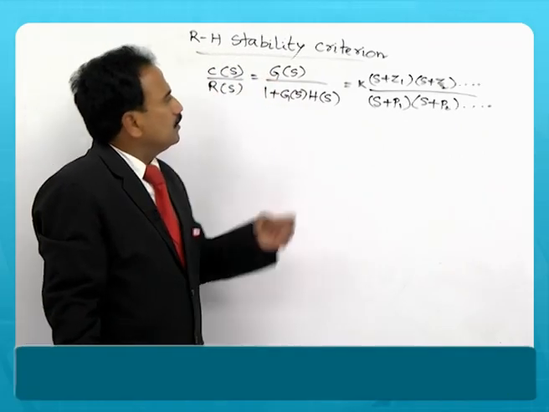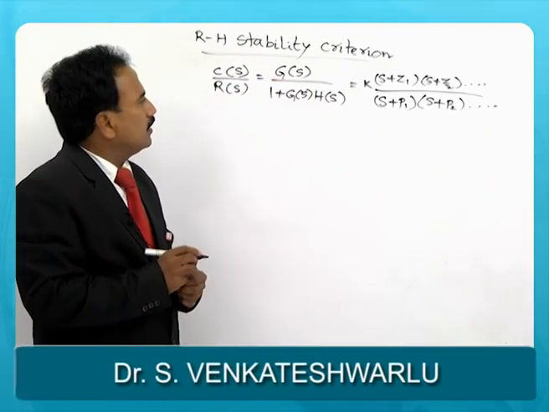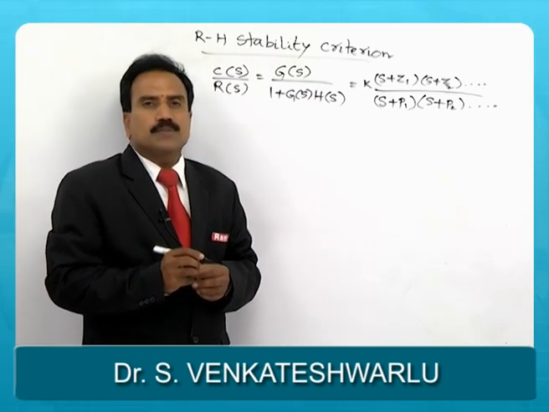As you know, the numerator terms are zeros and the denominator terms are poles.